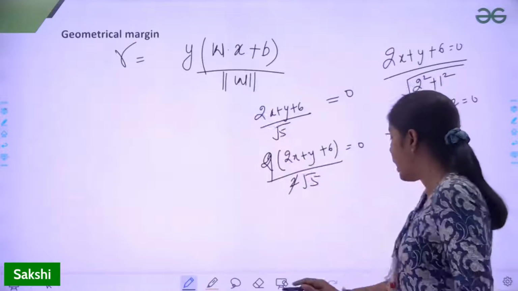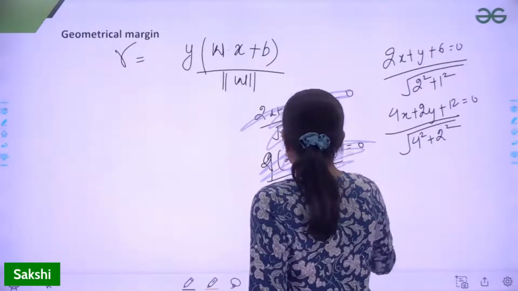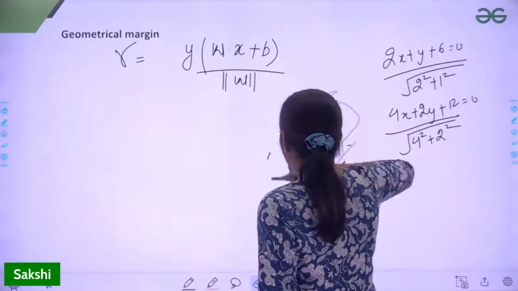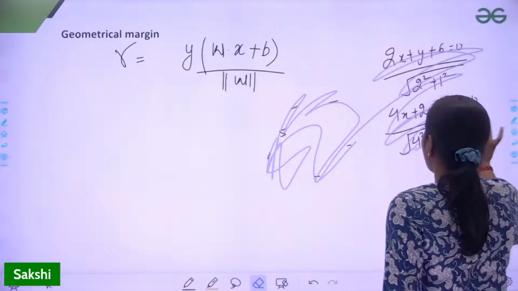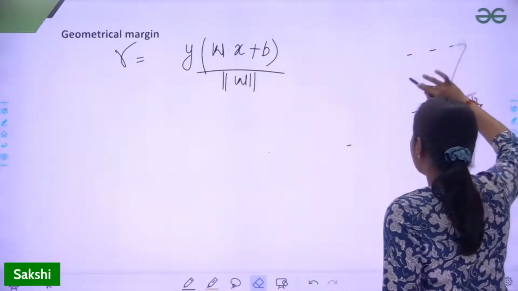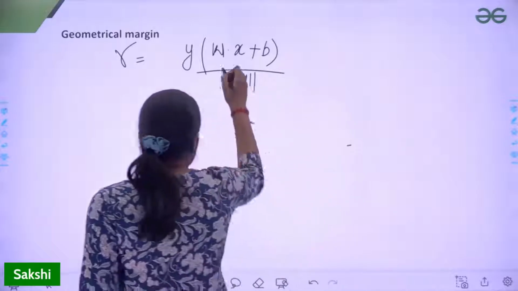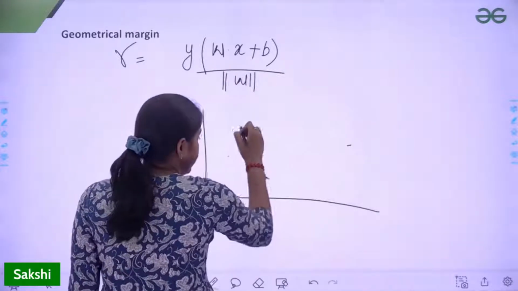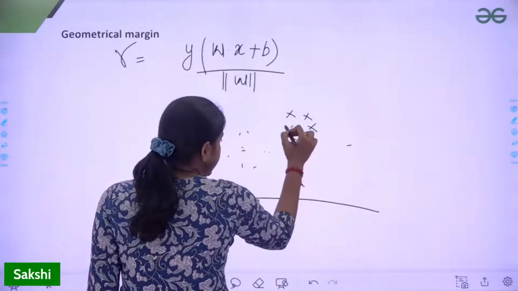So that's why, to find this distance, I am going to use the geometrical margin. Till now, I told you that we have some data given to us, and let's suppose we have these points.